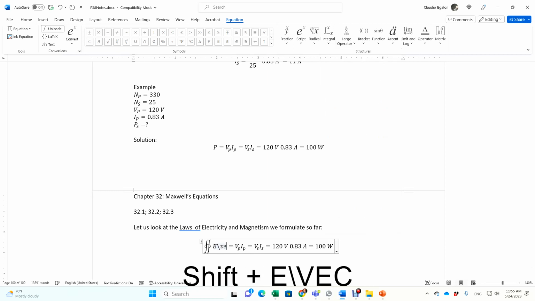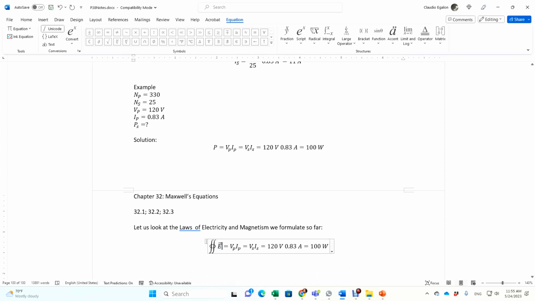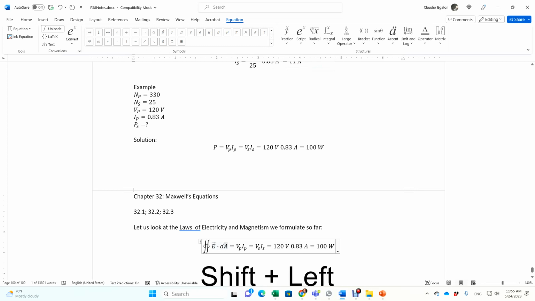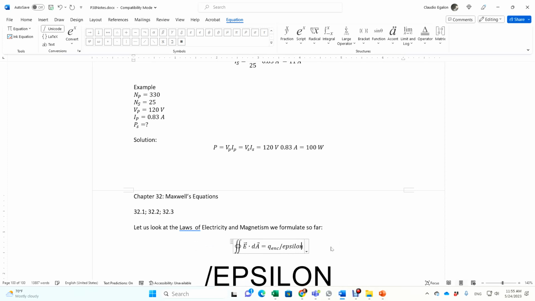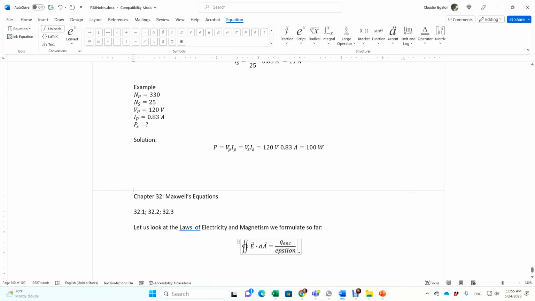We go with this one here: the closed surface integral of E dot dA is equal to Q enclosed divided by epsilon naught.